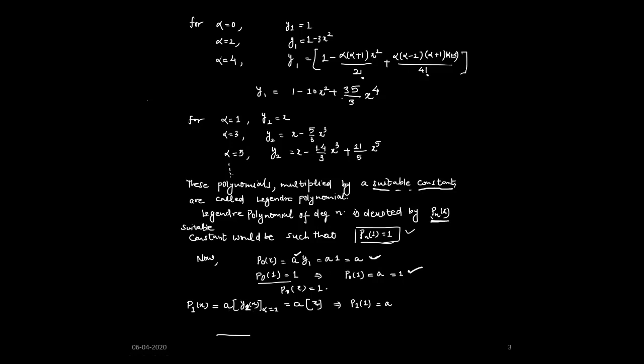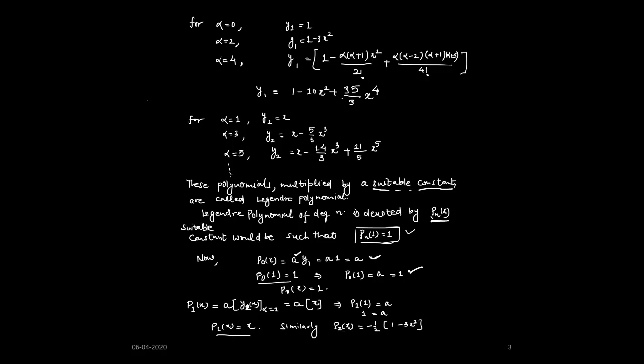Because y2(x) is x, this is a times x. Now we put x equals 1 in this. So P1(1) is a, and P1(1) is 1, so a must be 1. Therefore P1(x) equals x, right?